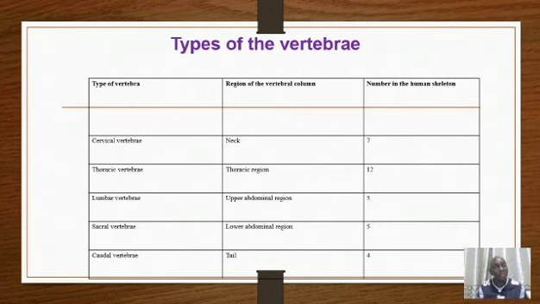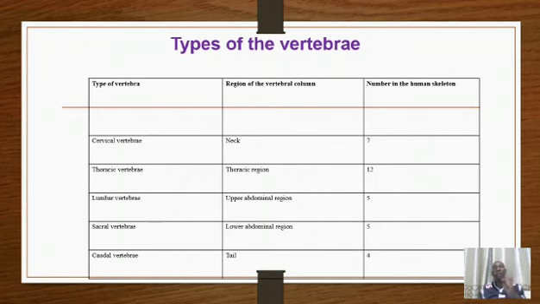Then others in the lower abdomen, called the sacral. And we have the caudal that are found in the tail, in organisms with a tail. You shall see that even early man had a tail, but lost the tail during the course of its life.